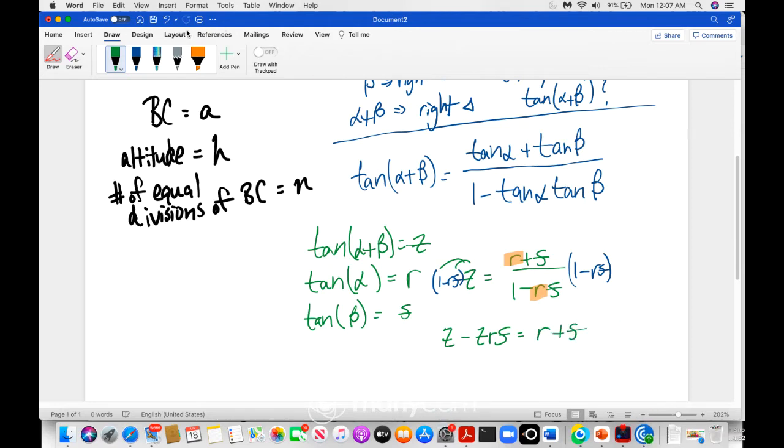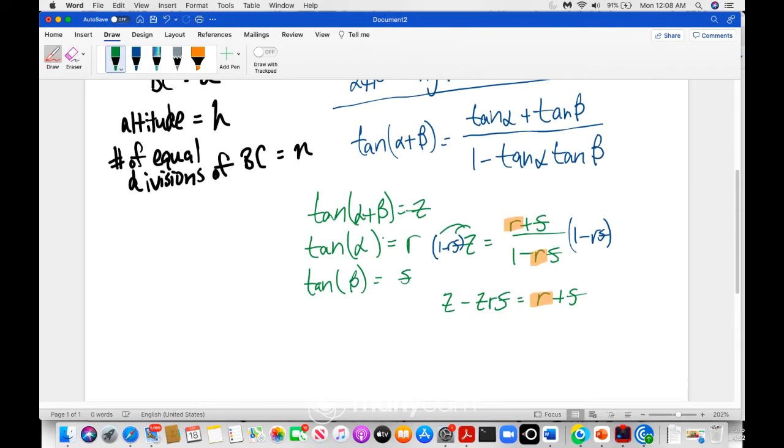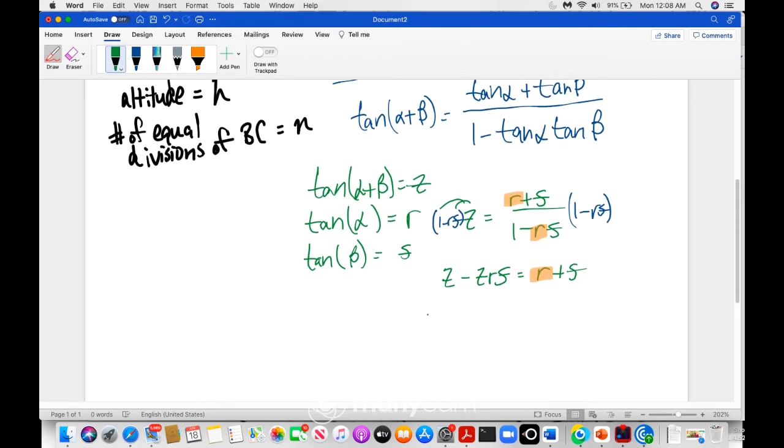And then I combine all of the terms with an r to one side of my equation. Since I have a negative over here, I'm going to add that over. So we end up getting z minus s equals r plus zrs. And then I can factor the r out, so this is really r times 1 plus zs.